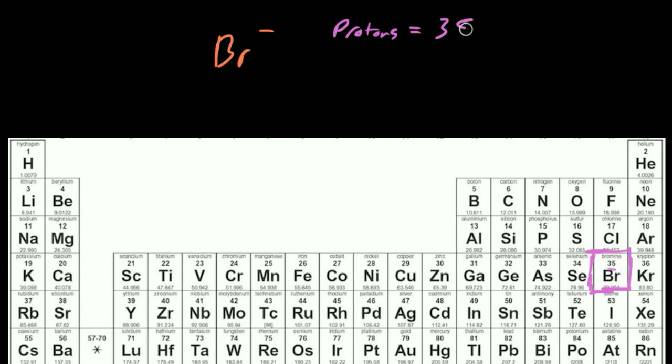So I'm going to have 35 protons. And how many electrons? Well, I'm going to have one more electron than I have protons. So I am going to have 36 electrons. I think you probably are getting the hang of this. This is probably one of the more straightforward things that we covered in chemistry.